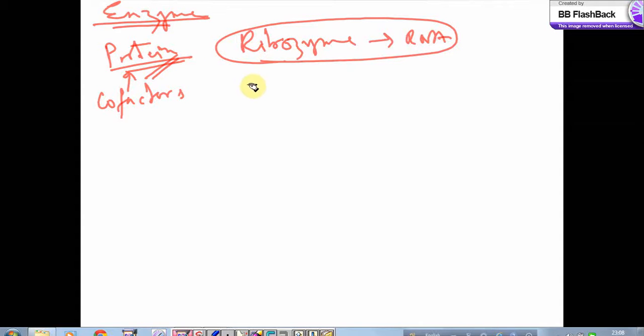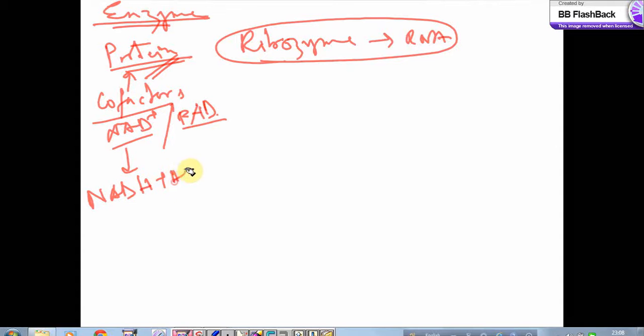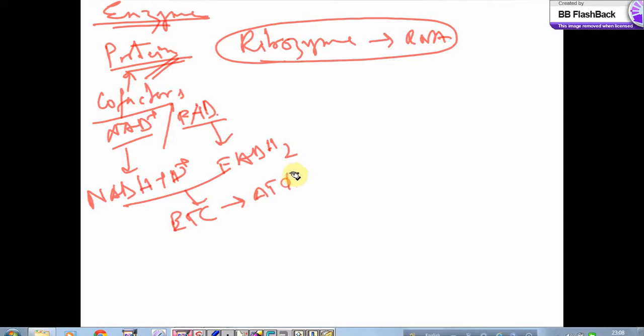Suppose the enzyme is dehydrogenase, so the cofactor will be NAD plus or FAD, so that the hydrogen that this enzyme has taken out from the substrate will be delivered to this NAD plus or FAD, and it will oxidize those substrate and produce a new product, whereas this NAD plus will turn into reduced NADH plus H plus, or this FAD will turn into FADH2, and both of these will go to the electron transport chain in mitochondria to produce ATP.